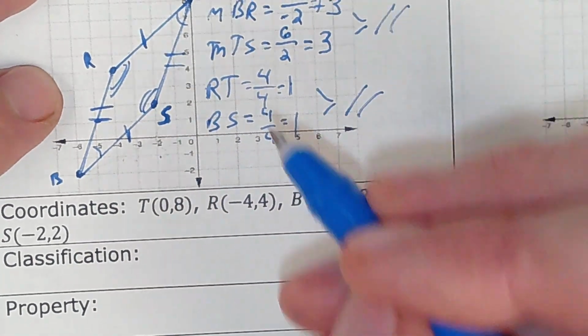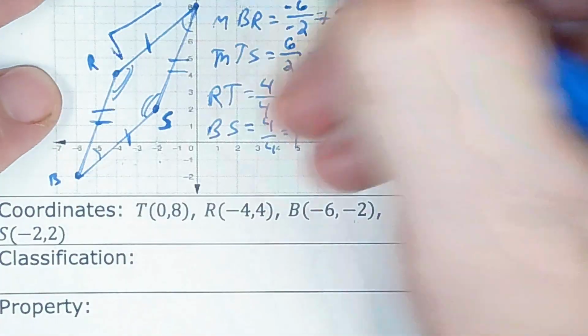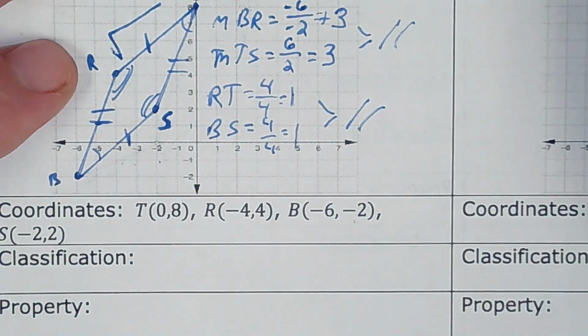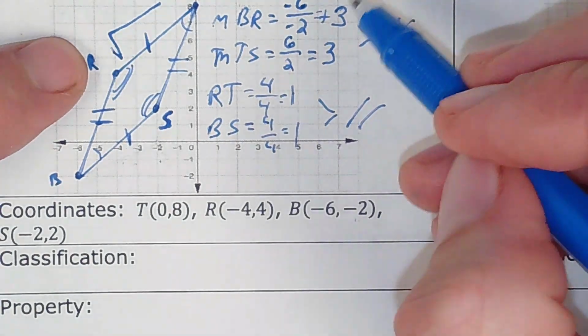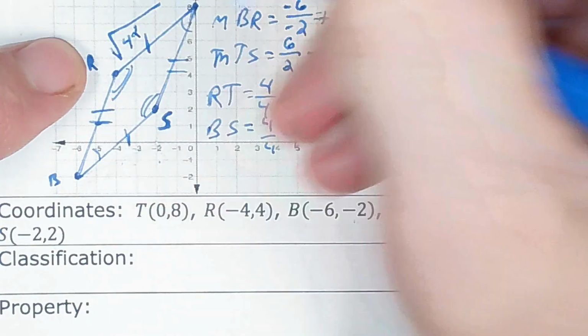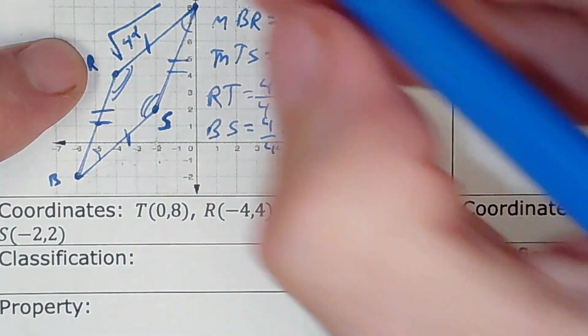All right, so what is the length of RT? Well, this is going to be the square root of my change in x squared plus my change in y squared. What was my RT change in x? It was 4, so 4 squared. And what was my RT change in y? It was 4.